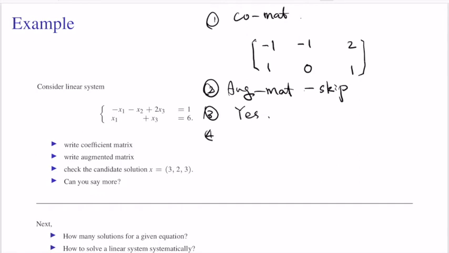Number 4, can you say something more? So compared to the previous example, we have one less equation, the first row. So what difference does it bring to this new example by having one less equation? To be more specific, we can try a different candidate solution.